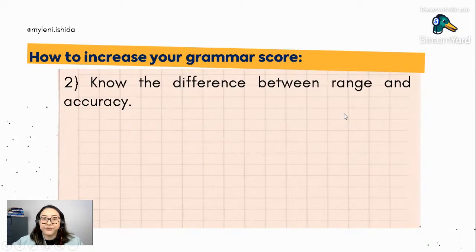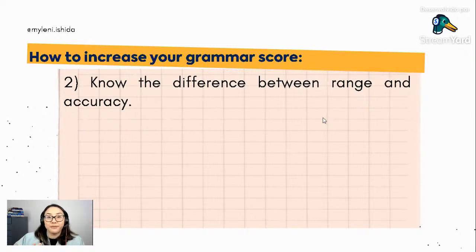Next one here. Now you already know how they assess your grammar in your test. The next thing is they assess your grammar regarding range and accuracy. Teacher, what is my grammar range? The grammar range is the different structures you use.